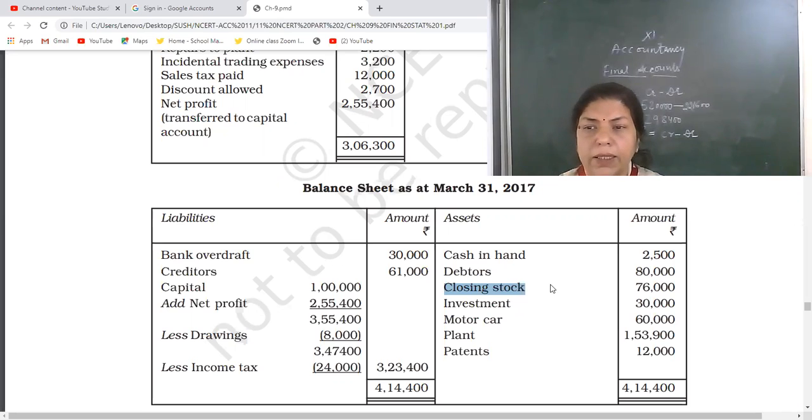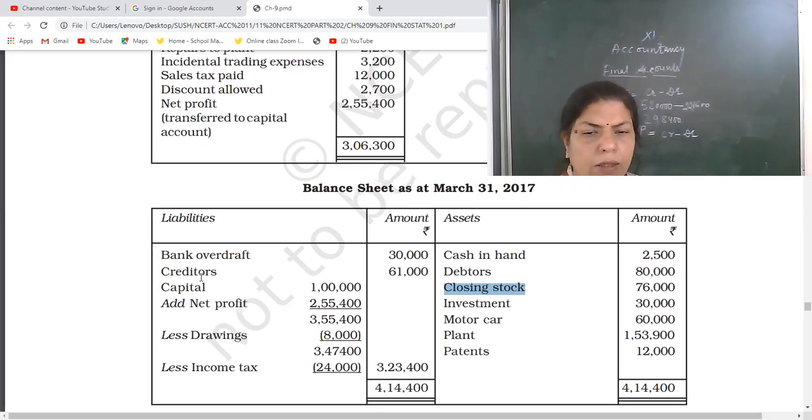Maybe some item is left there and not included here, and you can find it out by the amount. So first of all, if the balance sheet totals of both sides are not matching, find out the difference and search in the trial balance. Maybe you have not entered that item.